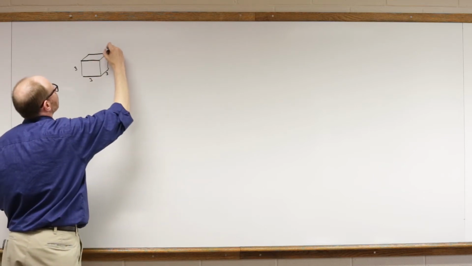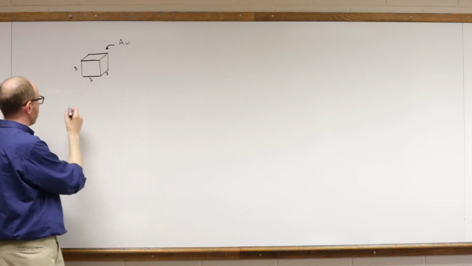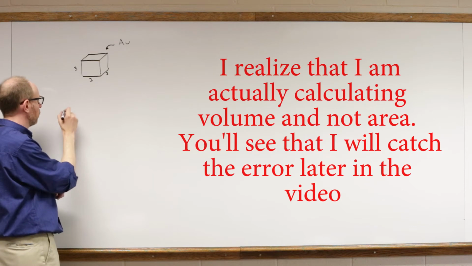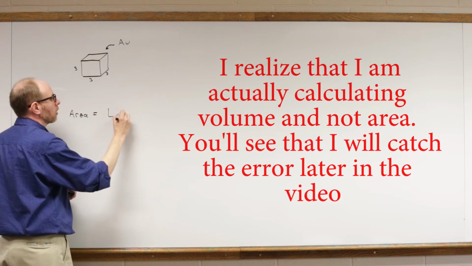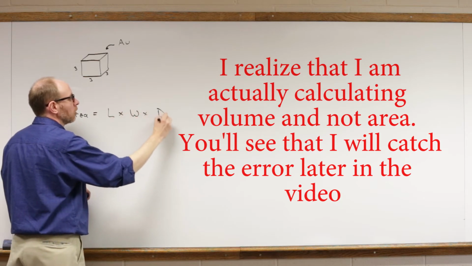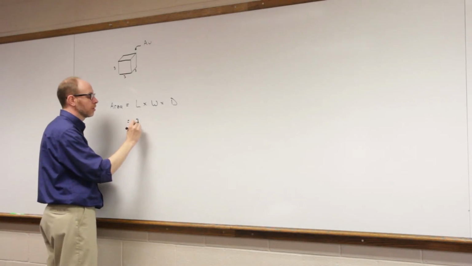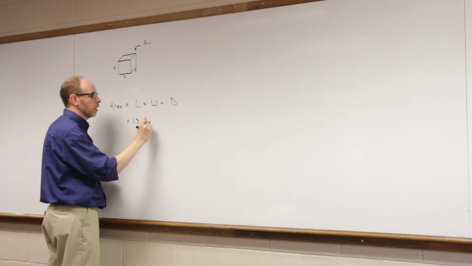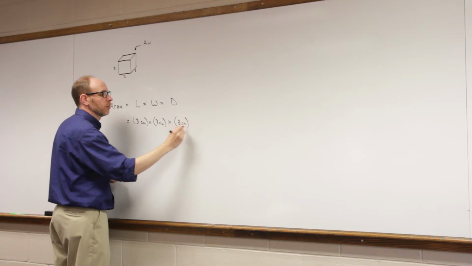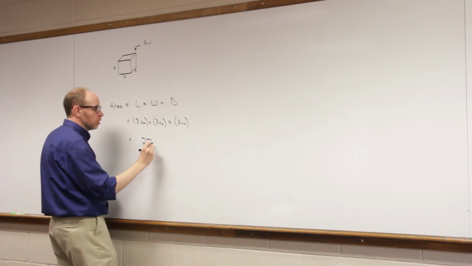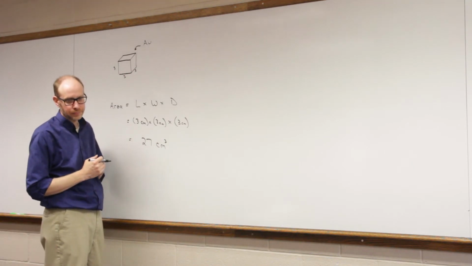So remember, this problem says that this is a gold cube, and we could determine what the volume of a cube would be by taking the length times the width times the depth. In this case, it's 3 centimeters times 3 centimeters times 3 centimeters, or 27 cubic centimeters.